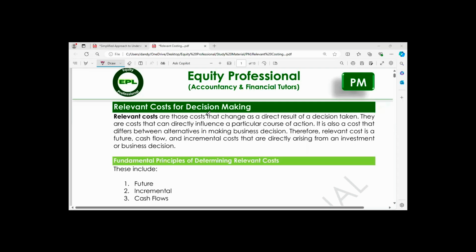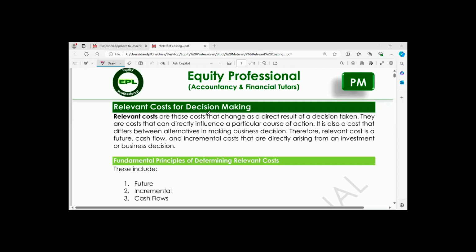And we also said that there are basically three attributes of relevant costs, including one, future, two, incremental, then three, cash flows.